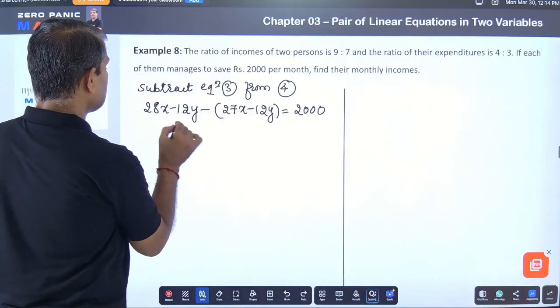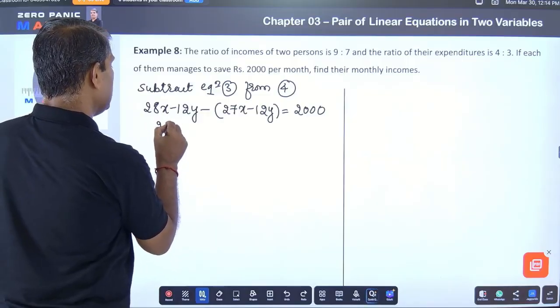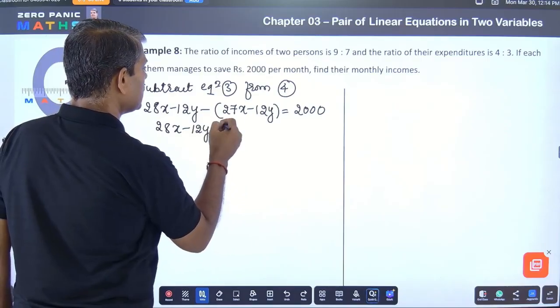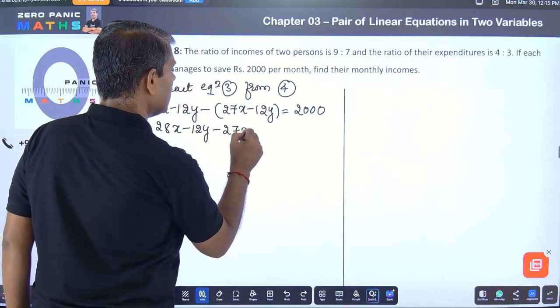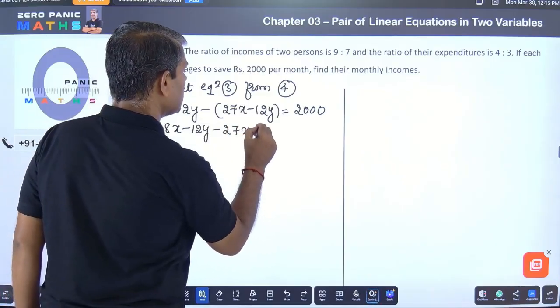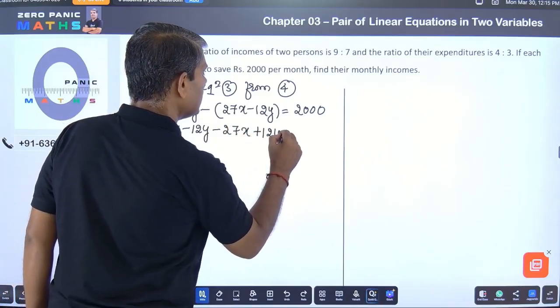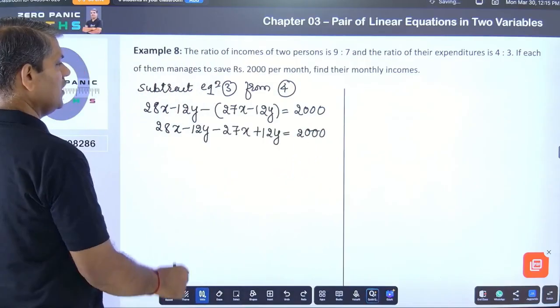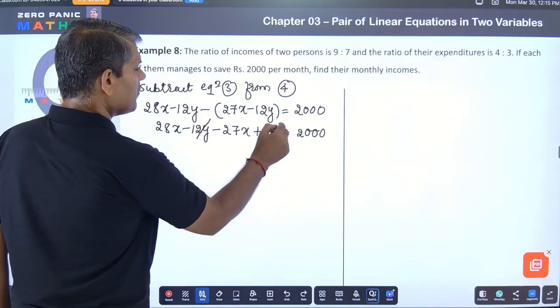Now let us extend this. 28x minus 12y minus 27x, minus into minus is plus 12y, is equal to 2000, right? So minus 12y plus 12y.